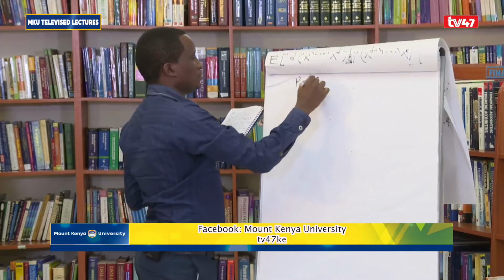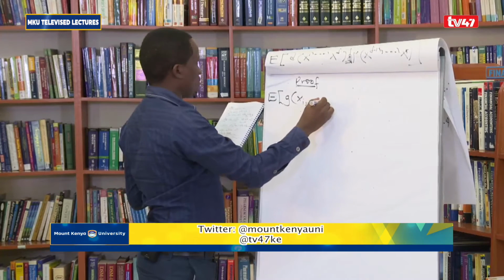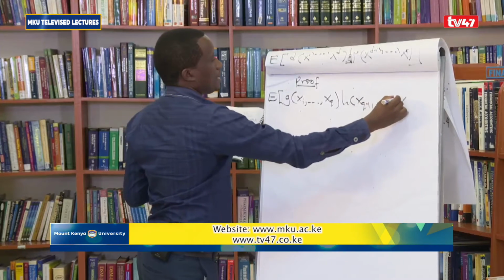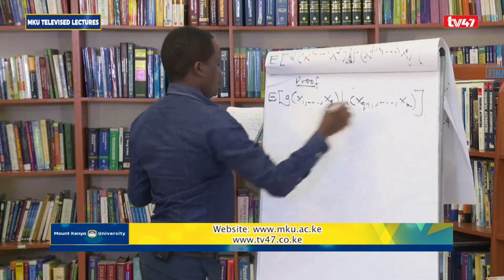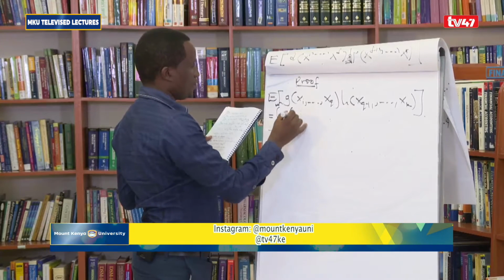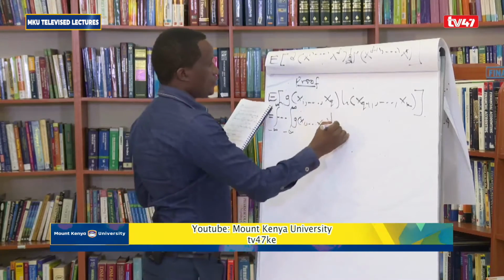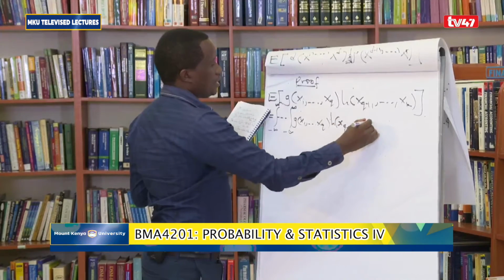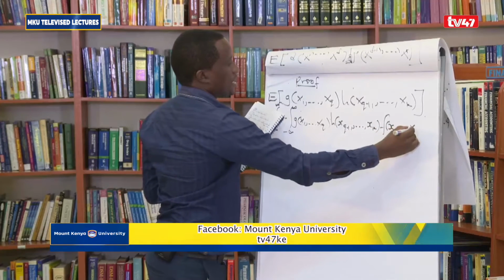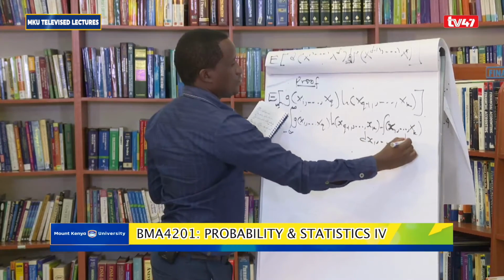Prove expected of g of x1 all the way to xq, h of xq plus 1 all the way to xk is the same as integral negative infinity to infinity all the way to integral negative infinity to infinity of g of x1 all the way to xq, h of xq plus 1 all the way to xk, then the distribution x1 all the way to xk with respect to dx1 all the way to dxk.